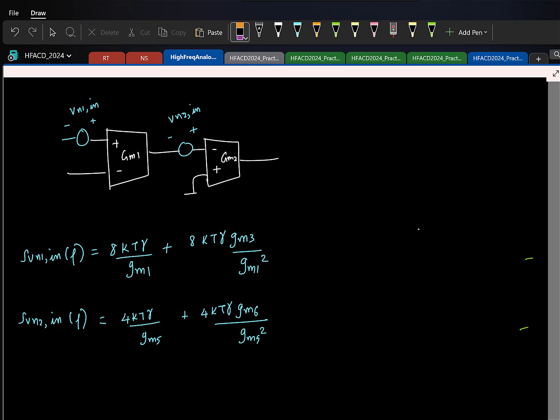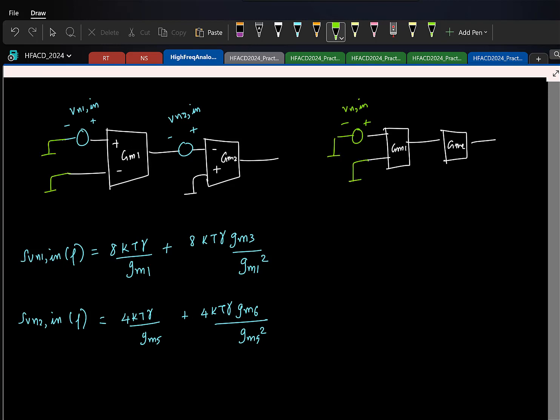So we want to take this entire two-stage OTA like this, and model the noise with one single voltage source, say Vn,in. Again, for finding the voltage noise, I am shorting the inputs.